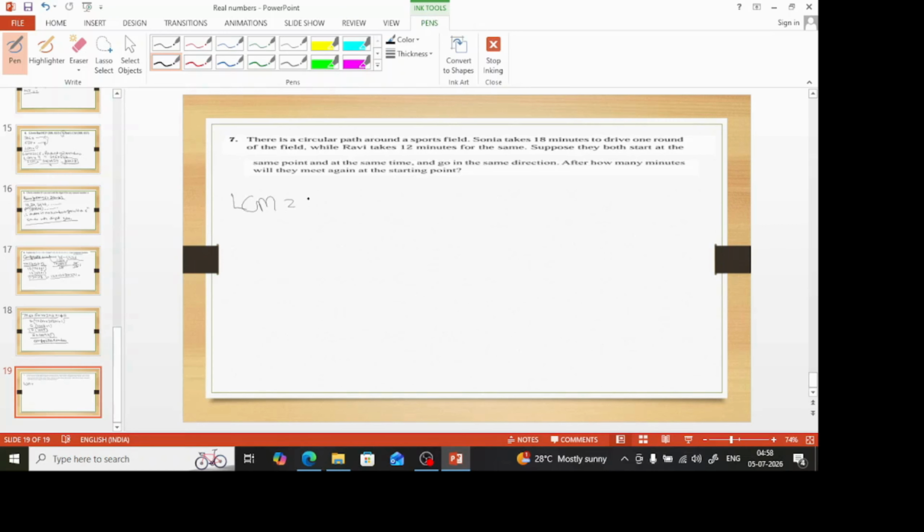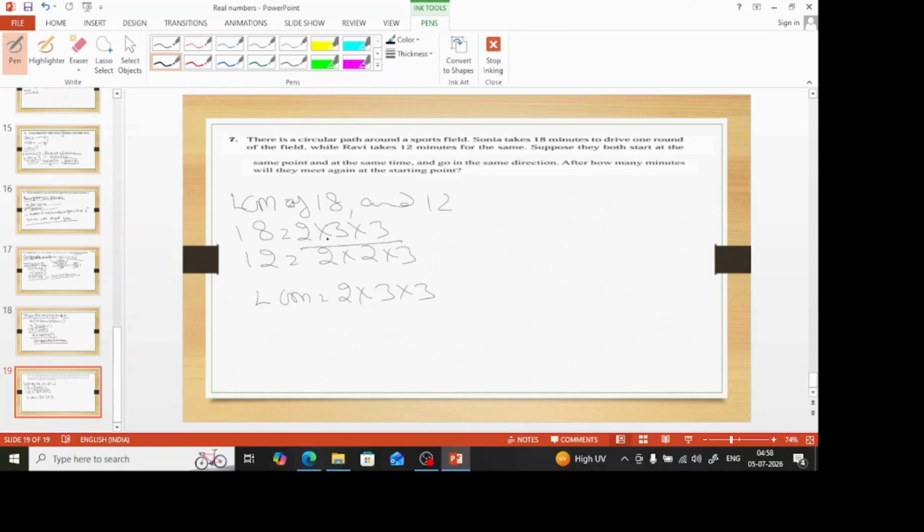So the LCM of 18 and 12. Here the prime factors of 18 are 2 into 3 into 3, and the prime factors of 12 are 2 into 2 into 3.